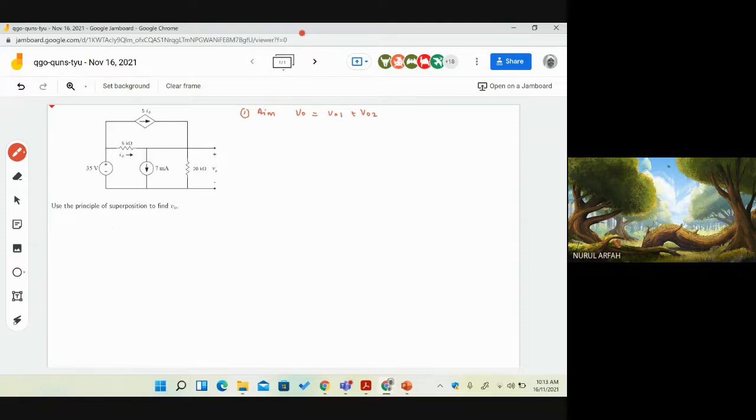Can somebody draw number 2, drawing the circuit when V0 1 is turned on? And number 3, when V0 2 is turned on. This is the first one turned on. This is step number 2. This is step number 3.